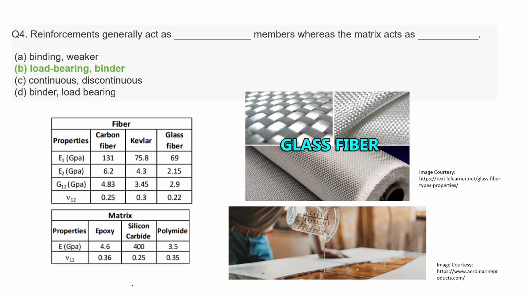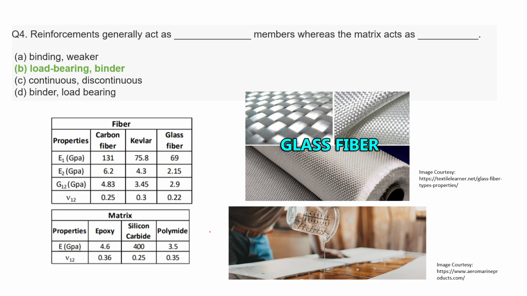Whereas what the matrix does, it acts as the polymer. So it is like a continuous medium, and it binds all these reinforcements to each other. And also whenever there is a force acting on this composite, the glass fibers will hold the force, and from one glass fiber to another glass fiber, the dissipation of the force will be done by the matrix.